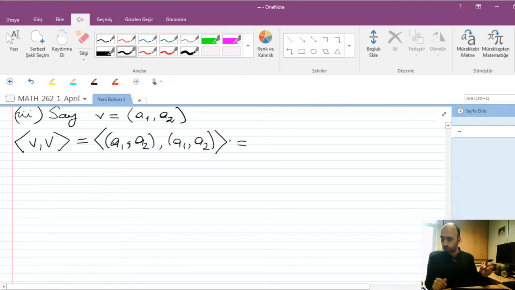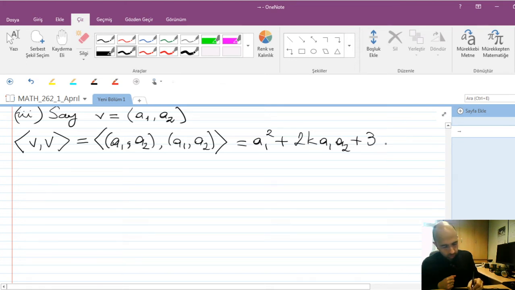Then apply the formula. I'll write the result for you. You'll get a1 squared plus 2k times a1 a2 plus 3a2 squared.